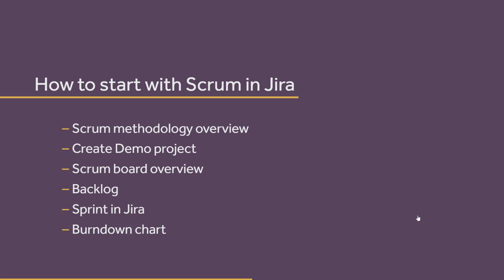This is really important for everyone who's just starting up with Jira and they don't know what to do, because it is actually a common question. We're also gonna briefly talk about a Scrum board overview. I'm going to show you how to manage backlogs and of course how to manage sprints. If we've got enough time, I would like to also talk about the burn down chart.